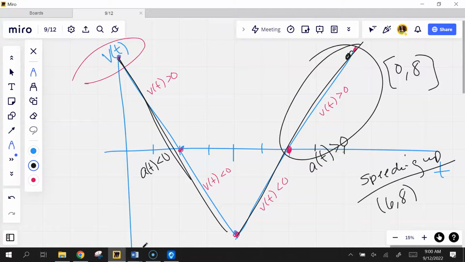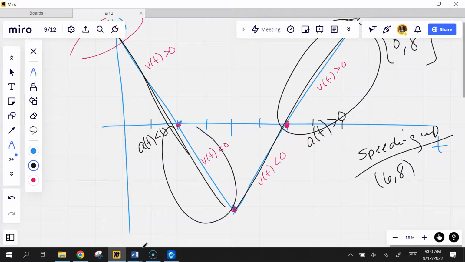They're both positive. You see that? Is that the only place I'm speeding up? Even though they're both negative, I'm still speeding up because they're the same. Does that make sense?